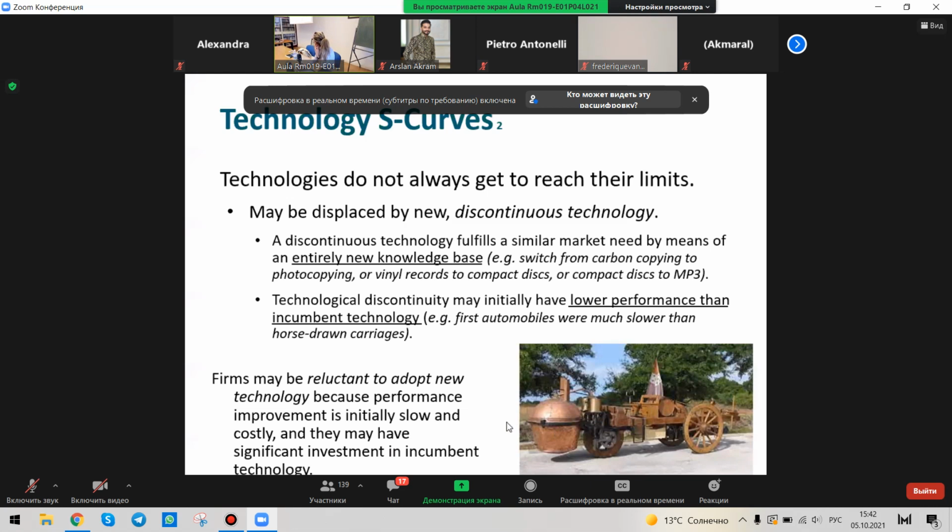We had the steam. And as I said yesterday, the performance of this car, let's call it car or carriage, was lower than that of a horse. So of course, the process towards a new technology that can be discontinuous is not so easy. It is made of failures, okay, like all the innovation processes.